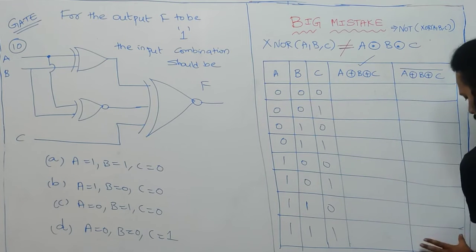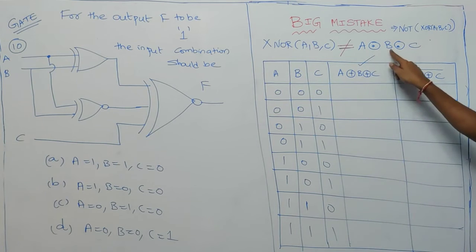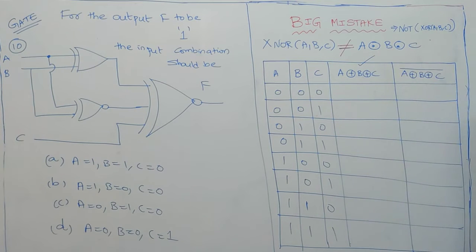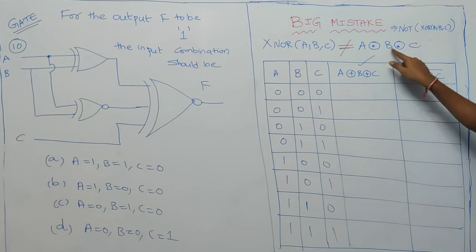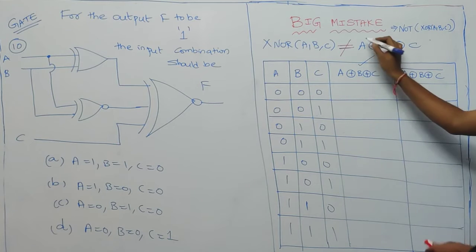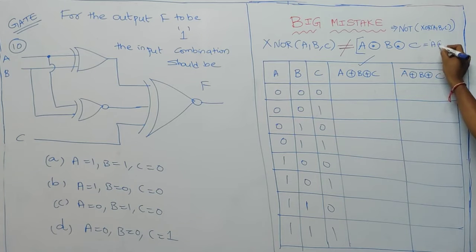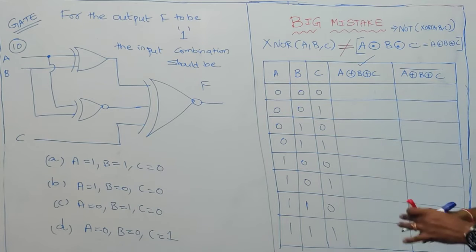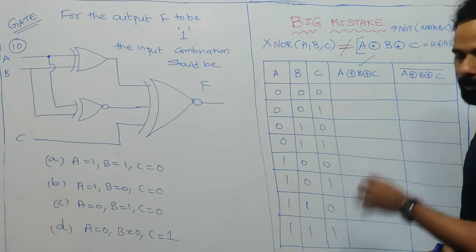That is the XNOR. Now people will ask, sir, if I do this, I won't get A XOR B XOR C. No, you will not get that. Actually, this expression is equivalent to A XOR B XOR C. This I will prove, but stay here till the end of the video.